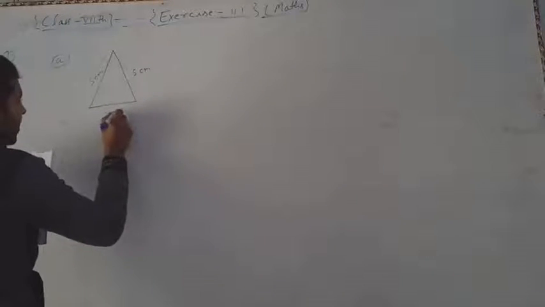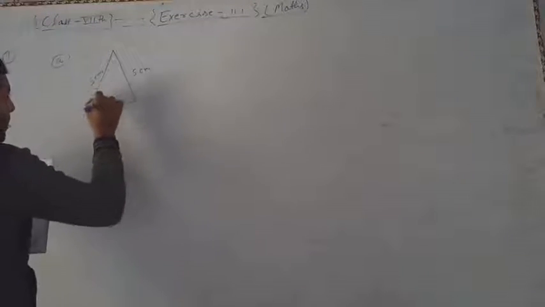In figure A, the first part of the problem, a figure is given in which the three sides of the triangle are 5 cm. Here 5 cm, and this is also 5 cm, and this is also 5 cm.